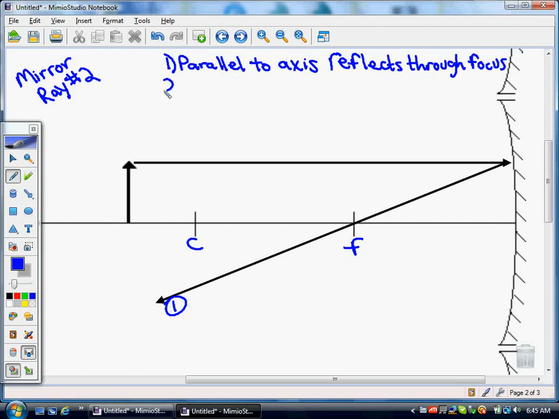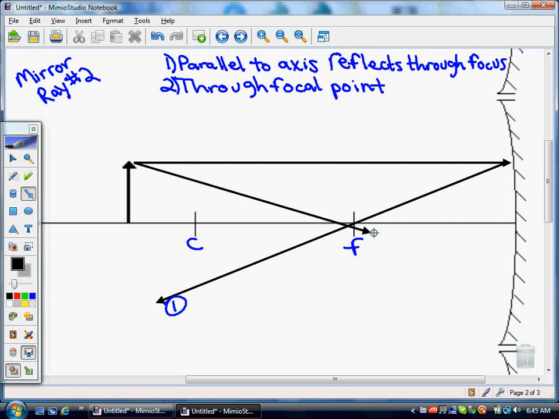Now our second ray that we're going to draw is going to be a ray through the focal point. So we draw a ray through the focal point, and when we do that, it'll be a ray here.